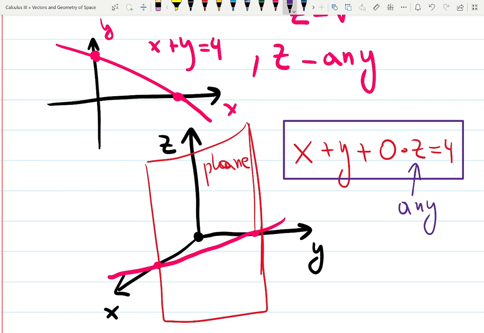Since Z represents height, height can be any, positive or negative. So the line becomes a plane. That still makes sense, to be honest, because in 2D, it's a line. In 3D, it stretches to next dimension. Whatever was so tiny and small becomes next dimensional. That's a plane. A plane in upper dimension is a cube, right? So it stretches. First, it has no depth and no height, just run and rise. Now it has height, and then the next dimension is depth and becomes a cube.